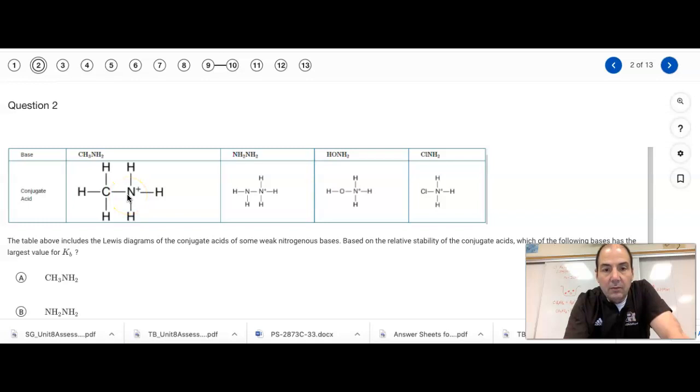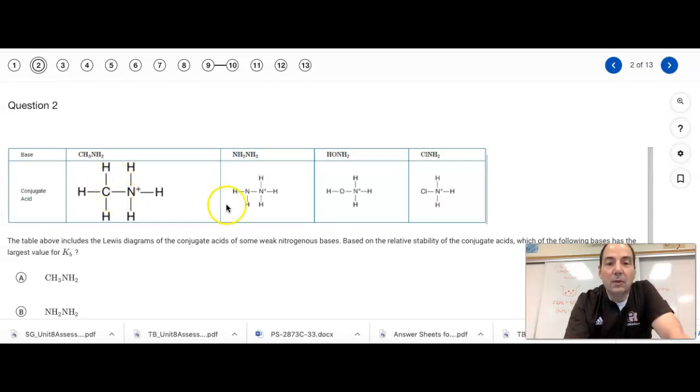Out of the things attached to nitrogen, the lowest electronegativity would be the carbon. So the carbon, having the lowest electronegativity, is going to make the strongest base. Wow, I'm really struggling to talk.